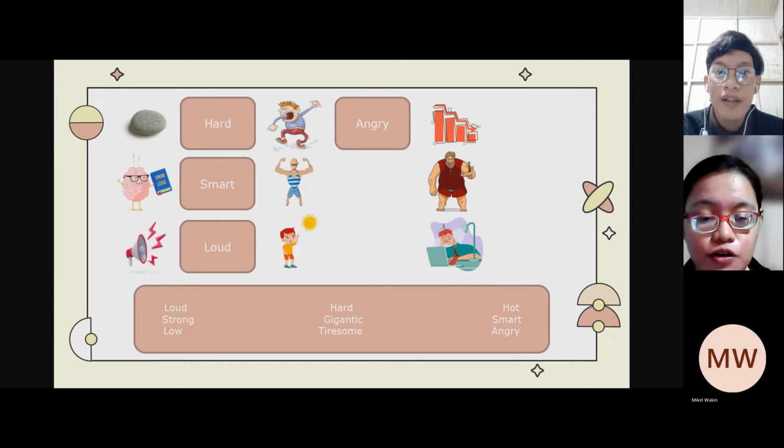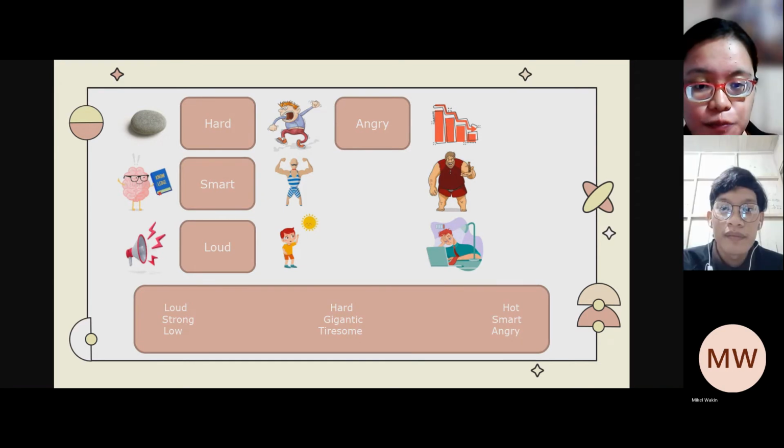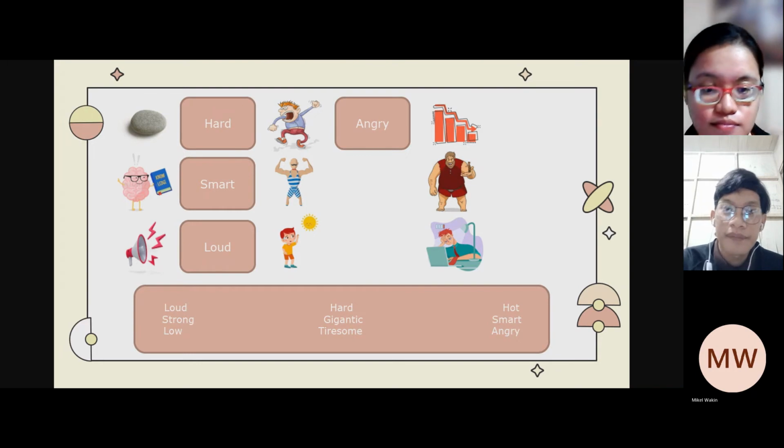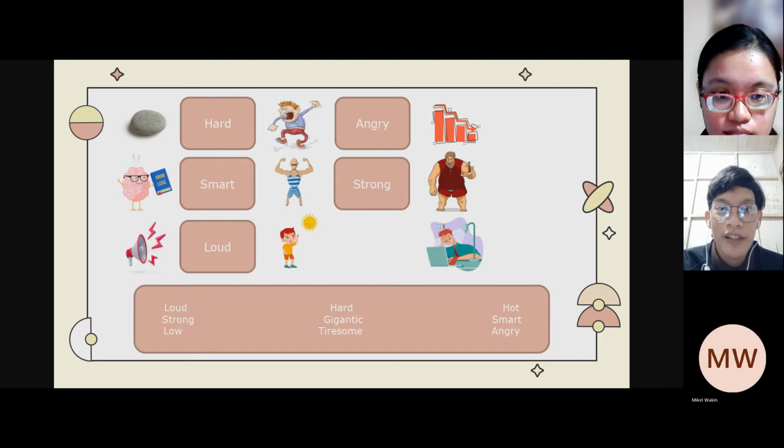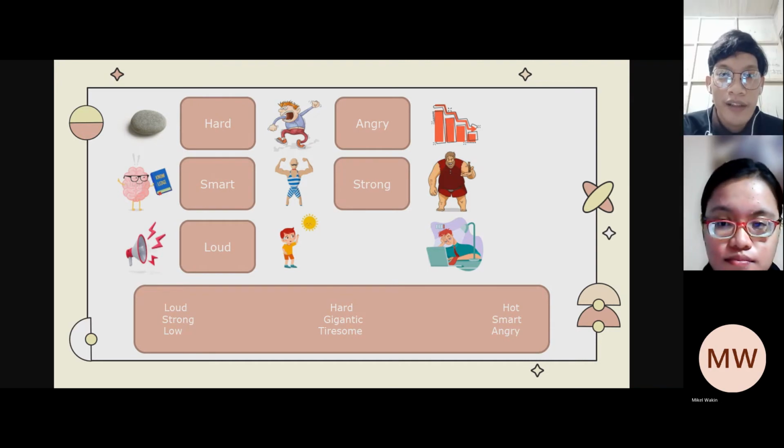I think, Sir Rebenque, the answer for this number is that the man is strong. Let's check if you are right. Yes, that is correct. Good job. Our fifth image corresponds with a strong person.